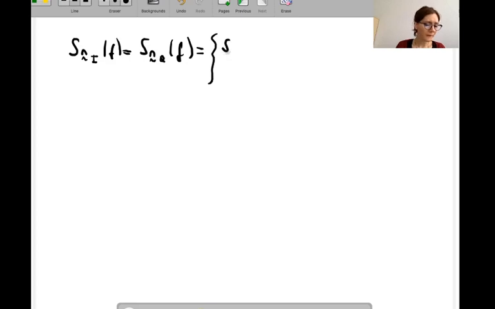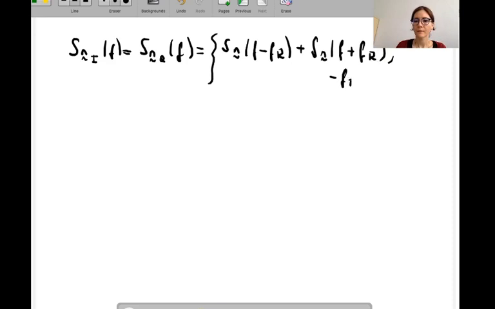So if f is between minus Fr and Fr, it means that I'm summing up the right part of Sn and the left part of Sn, and 0 otherwise. You can prefer the rect representation, so multiply the whole expression by rect of f over 2Fr, or you could give the partial definition like this. They mean exactly the same thing.